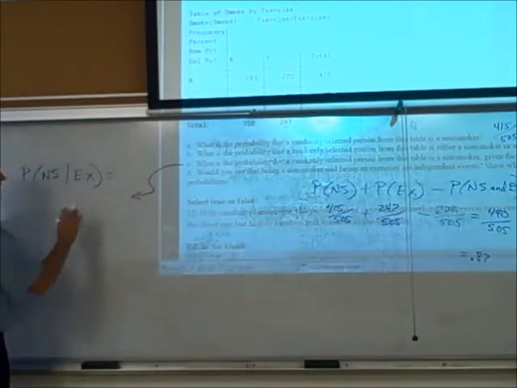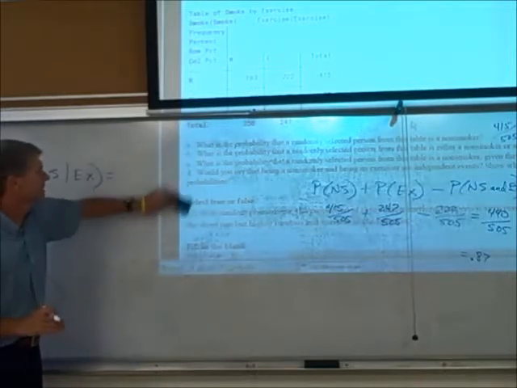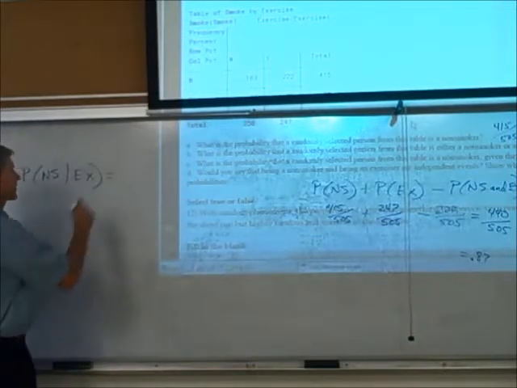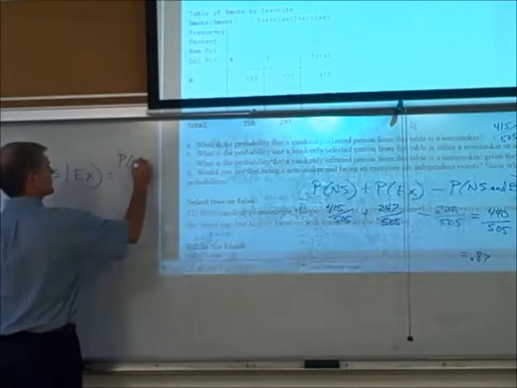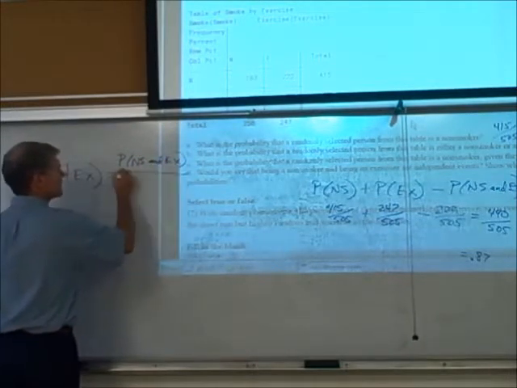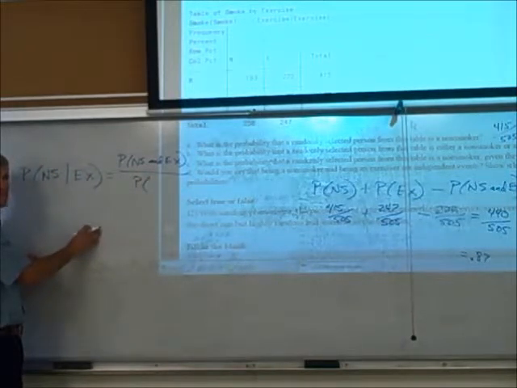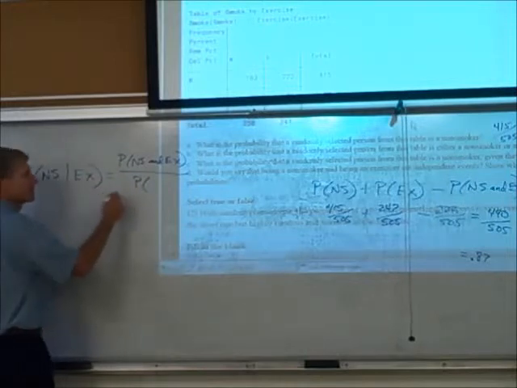Now I heard somebody starting to say the rule for conditional probabilities, and I'm going to go ahead and write it down, but in this particular case you don't have to go all out. Divided by the probability of what? The given. The one that you're given.